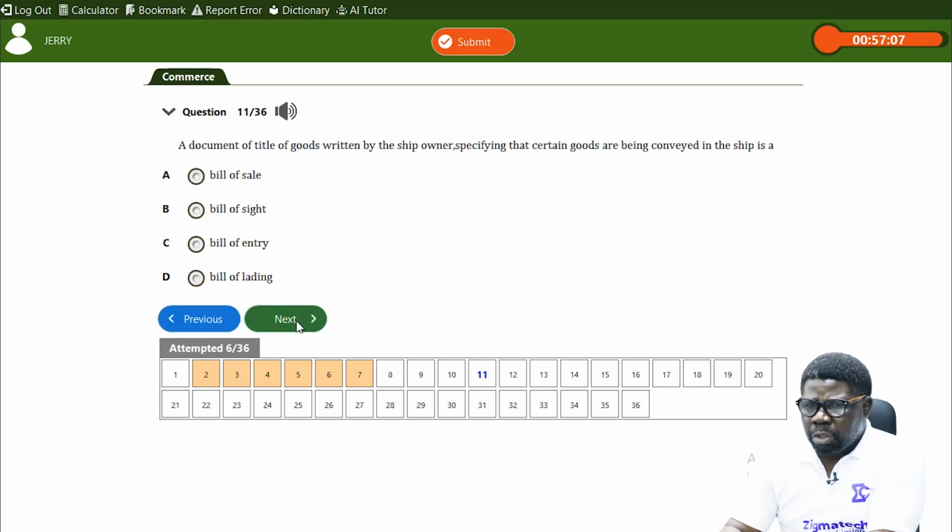A document of title to goods written by the ship owner specifying that certain goods are being conveyed in the ship is known as bill of sight.